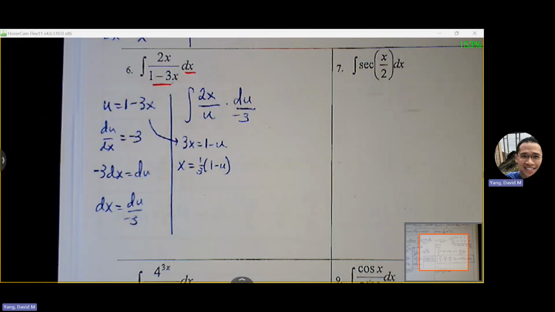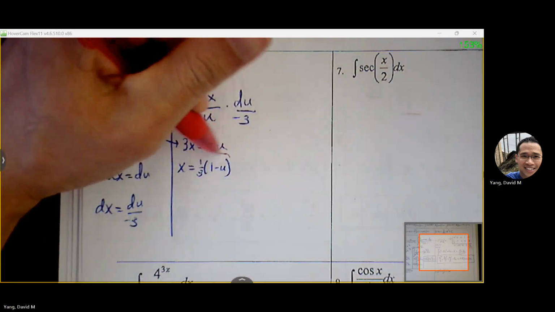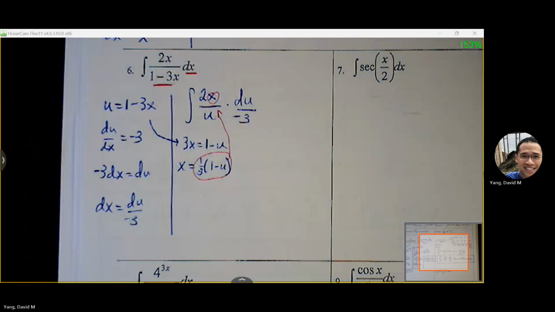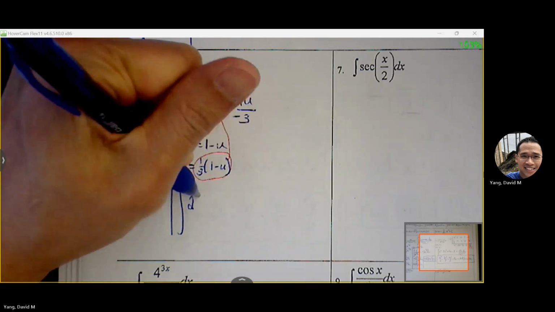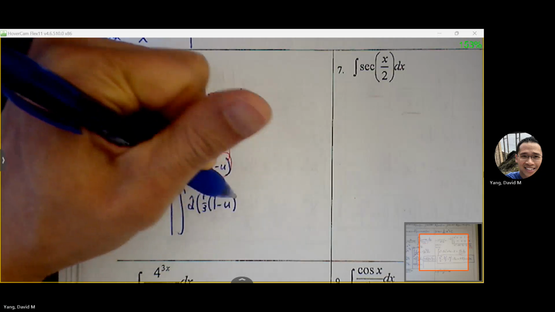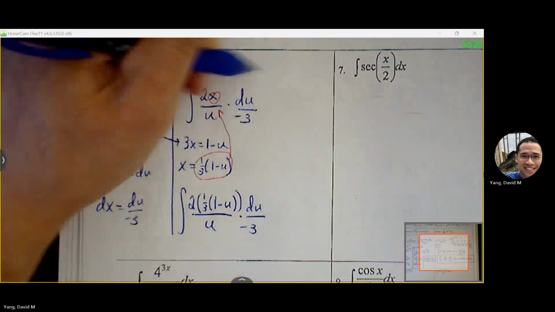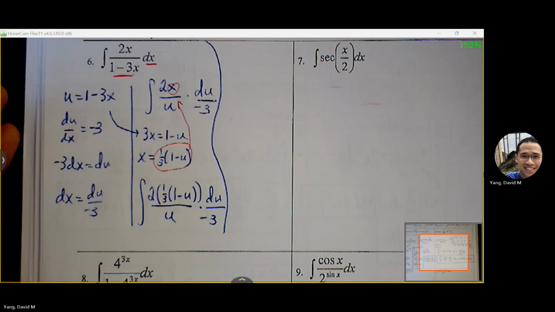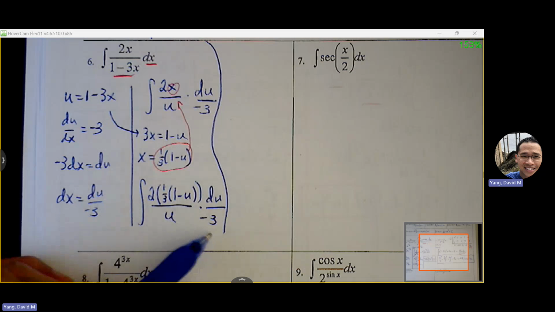Divide by 3, or multiply by 1/3. Now I'm going to take that and put this into here. If I pull the coefficients out, 2 times 1/3 times negative 1/3 is negative 2/9.